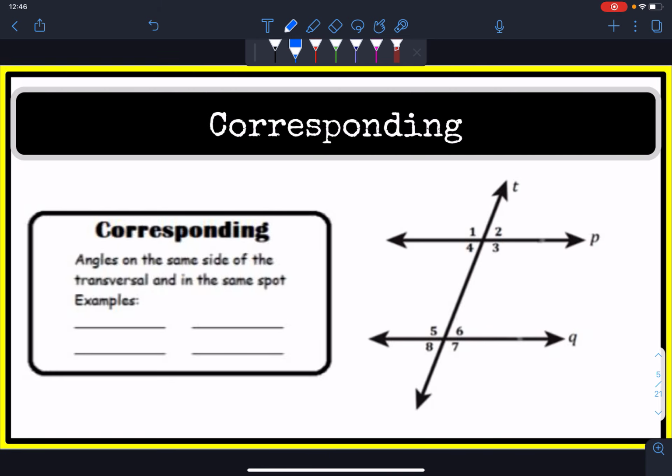Now the second thing we're going to discuss when we cut a set of parallel lines by a transversal are corresponding angles. Those are angles that are on the same side of the transversal and in the same spot.